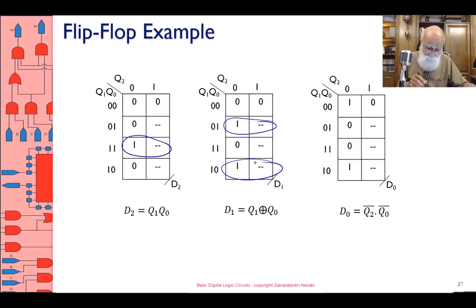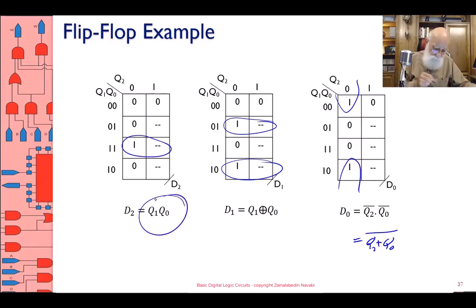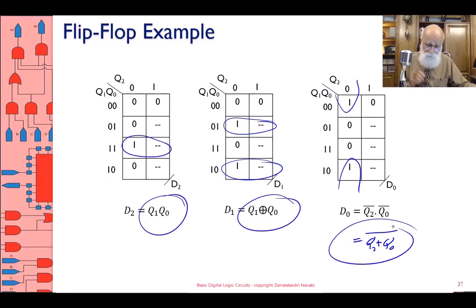And for D0, this becomes Q2 bar, Q0 bar, which is really Q2, Q0 OR together, that means the NOR of the two. So what it means is I need an AND for this, I need an XOR for this, I need a NOR for implementation of D0.